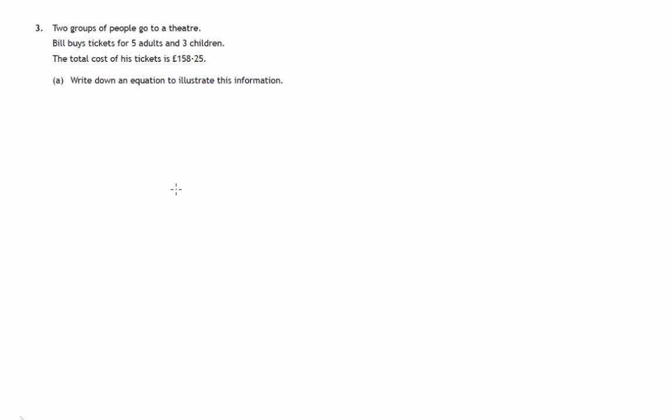So since we don't know the price of an adult ticket or a child's ticket, we must use letters to represent these prices. And we must explain what we're doing.